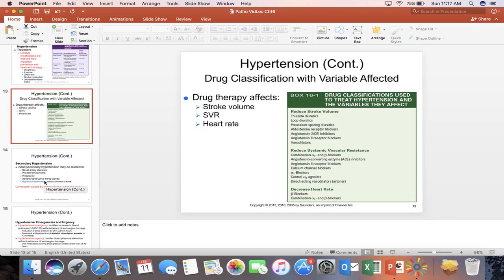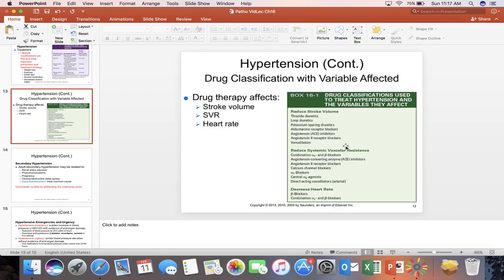For drug therapy, number one, you're going to use something that limits the stroke volume. You're going to use a drug that also decreases systemic vascular resistance or decreases heart rate, and that will then bring down blood pressure. These are the types of drugs.